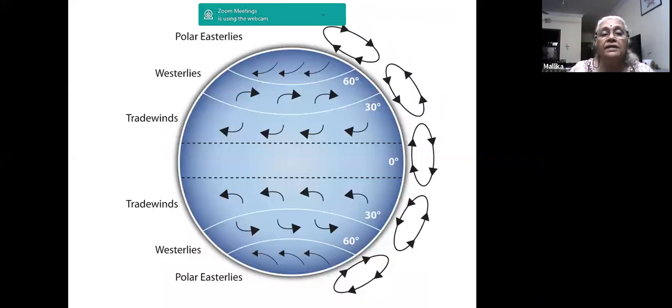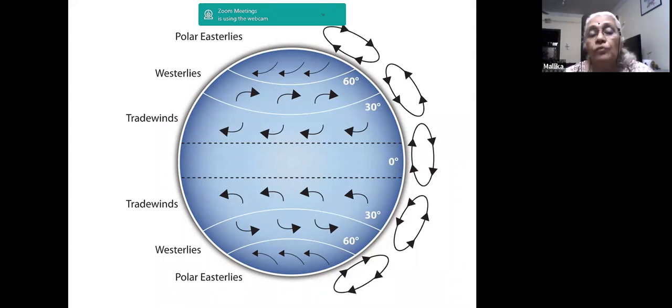So here are the various names of the winds. Winds that are blowing towards the equator are called the trade winds, and we also use the words northeast trades and southeast trades.